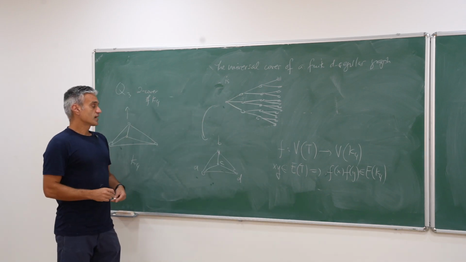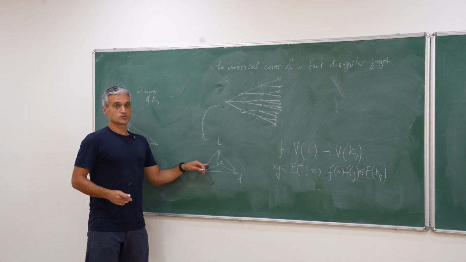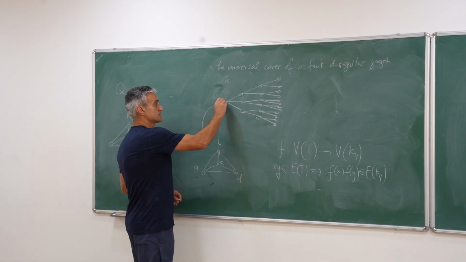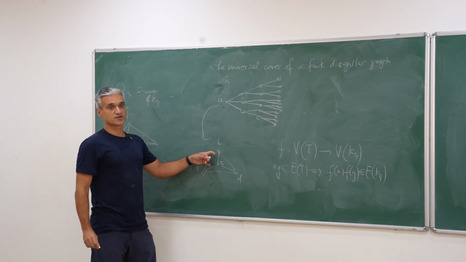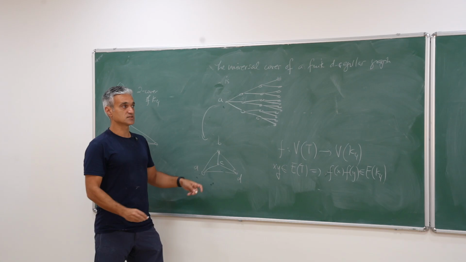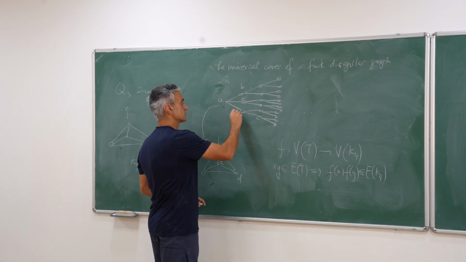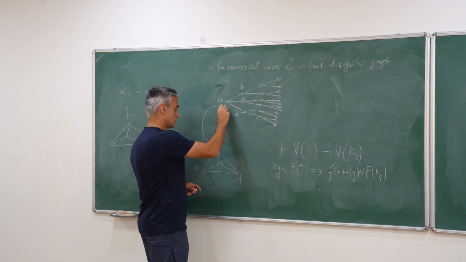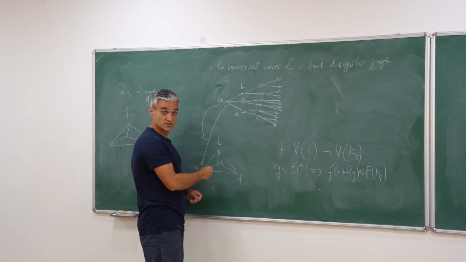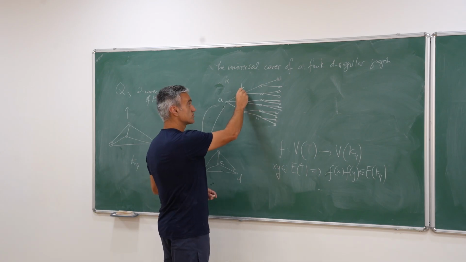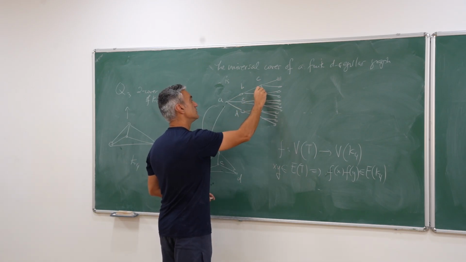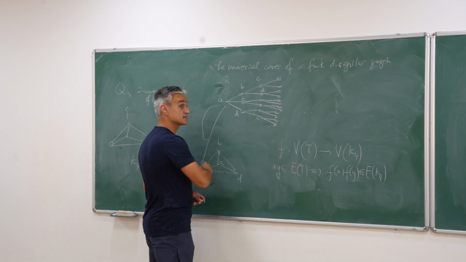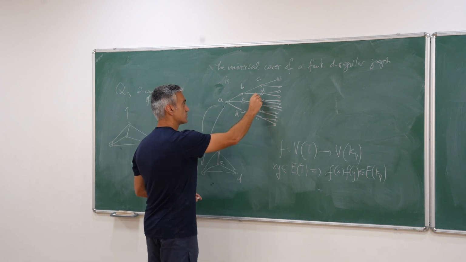So the way you can define it is you look at this picture and you say, okay, let's say this is my vertex A, and you look here, what are the neighbors of the vertex A? B, C, D. So I can call these B, C, D. So this vertex will be sent to A, and these will be sent to B, C, D. What are the neighbors of B? They will be A, C, D, and that's the meaning, they will be sent here, and so on.